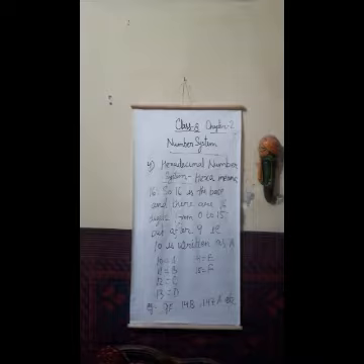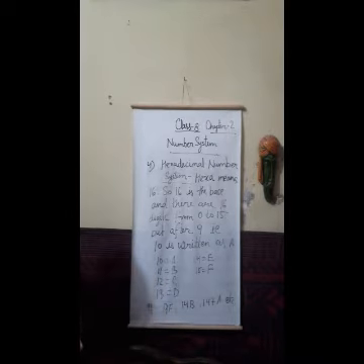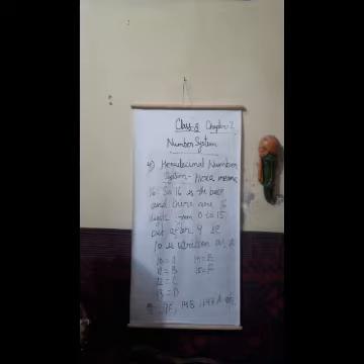Next, hexadecimal number system. Hexa means 16. So 16 is the base and there are 16 digits from 0 to 15.